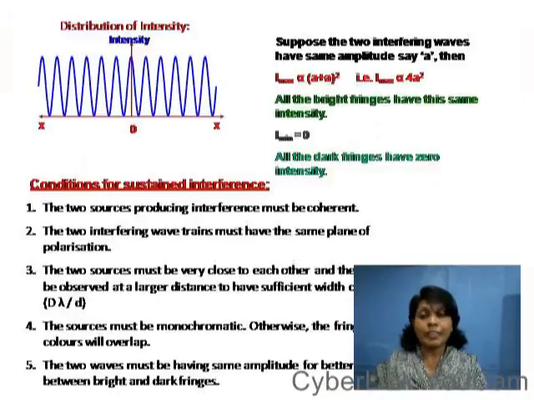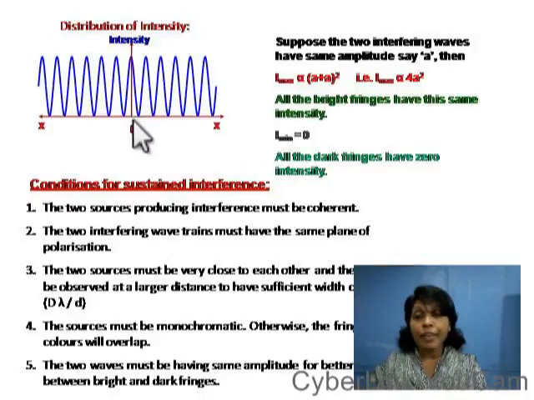Coming to the intensity variation. This is the pattern of intensity variation, the variation in intensity of light at various points on the screen from the center on either side of it.